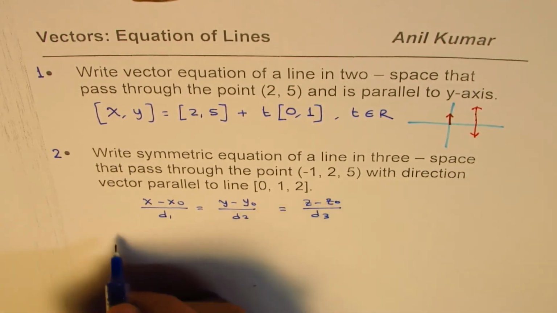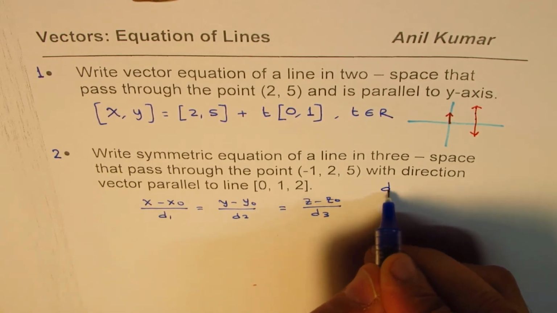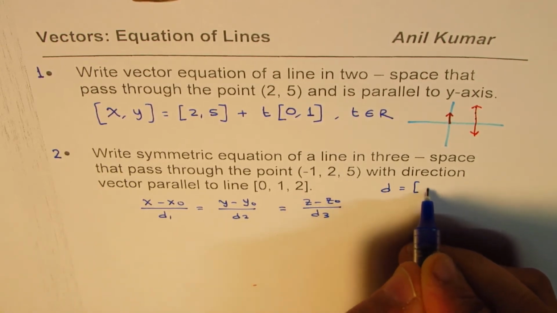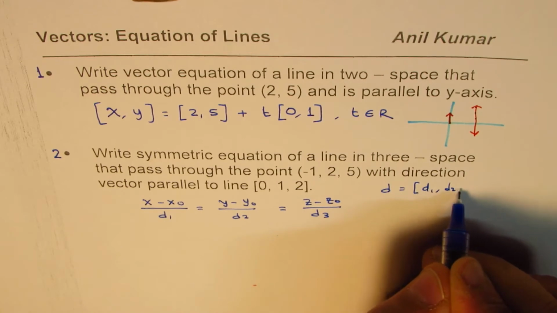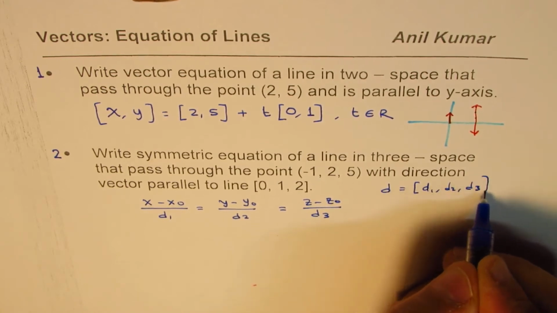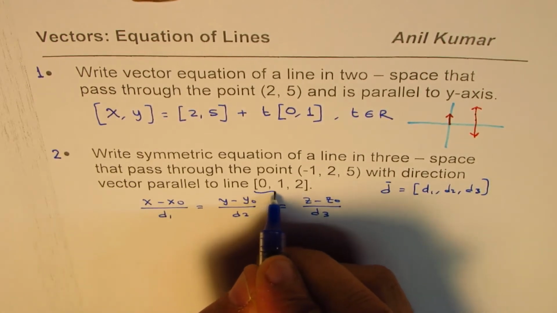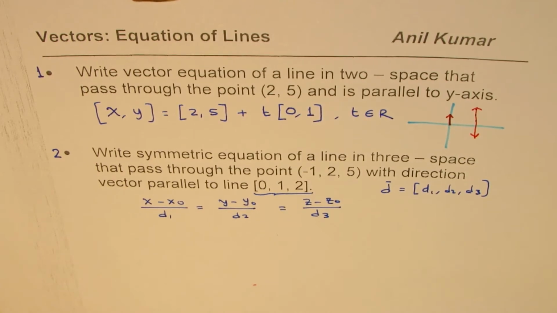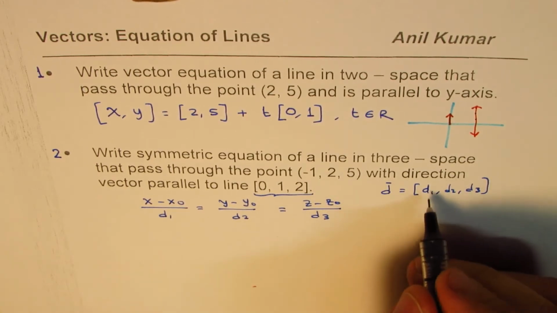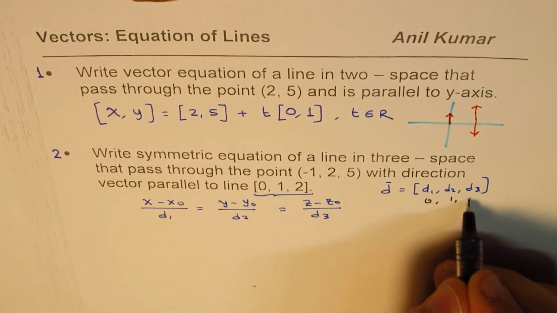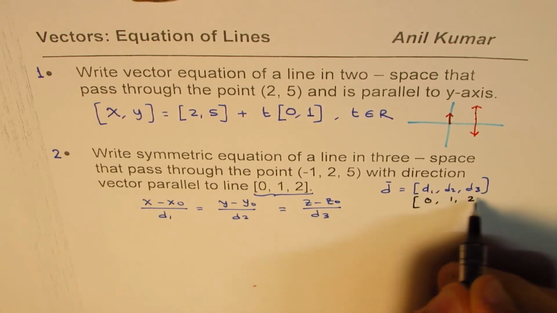So we normally say, let me write here, d = (d1, d2, d3) is your direction vector, which is given here. In our case, these are 0, 1, and 2. So that is our direction vector, right?